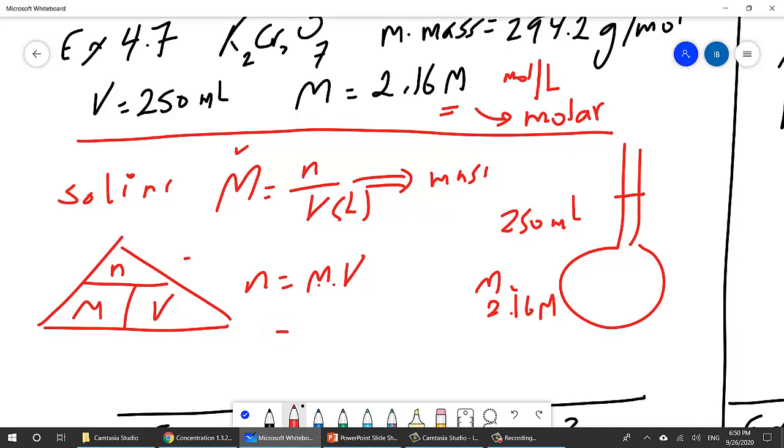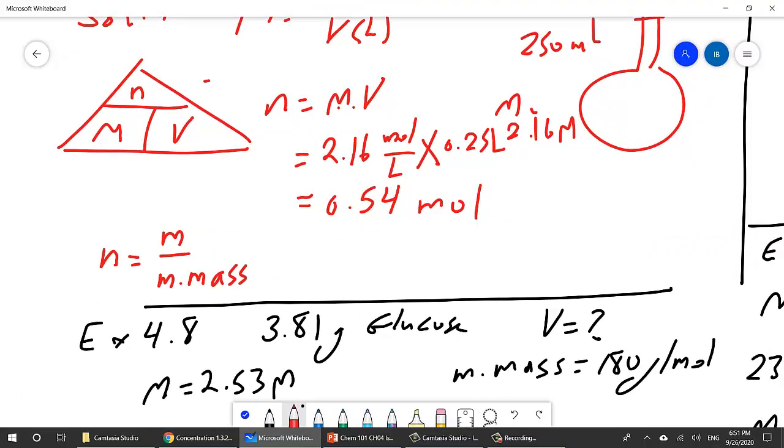So number of moles in this case is 2.16 molar, or mole per liter, times the volume. It's 250 mL, so that means it's 0.25 liter, and you multiply that and you will find the answer. Now I know that number of moles is equal to mass divided by molar mass, so the mass is equal to number of moles times molar mass.